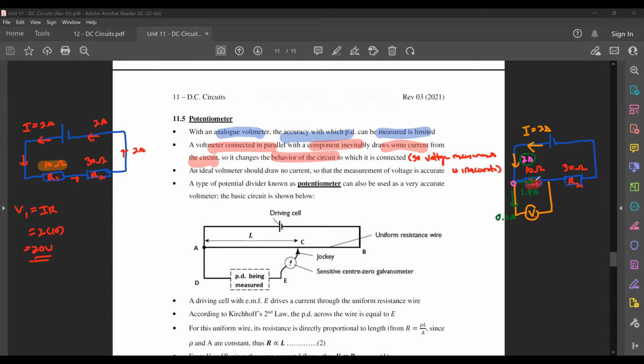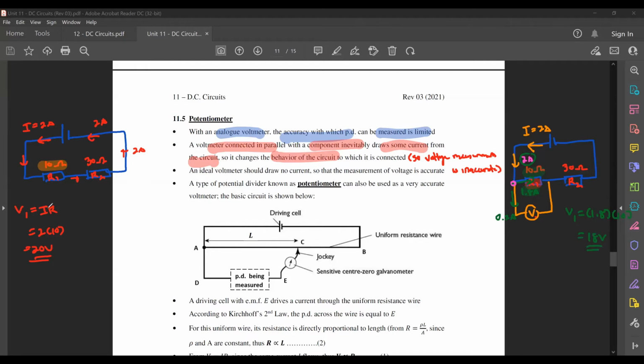So your voltage measurement here will be affected. What I mean by that is, your resistance is still 10 ohms, but now your current is 1.8 amps. If you calculate the voltage, the current multiplied by the resistance, you're going to get 18 volts.